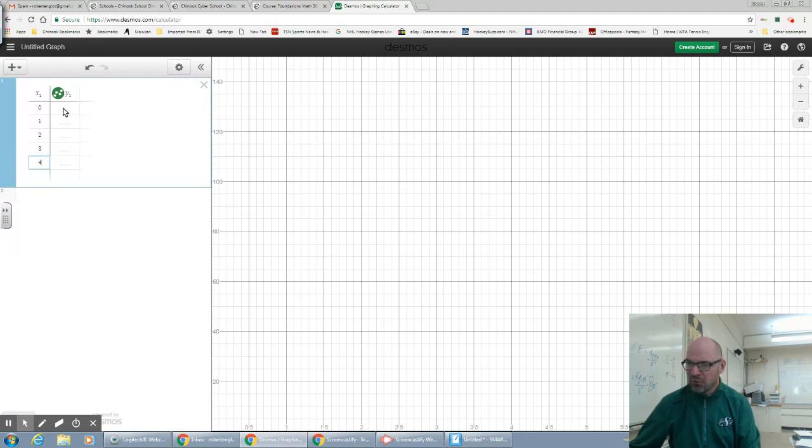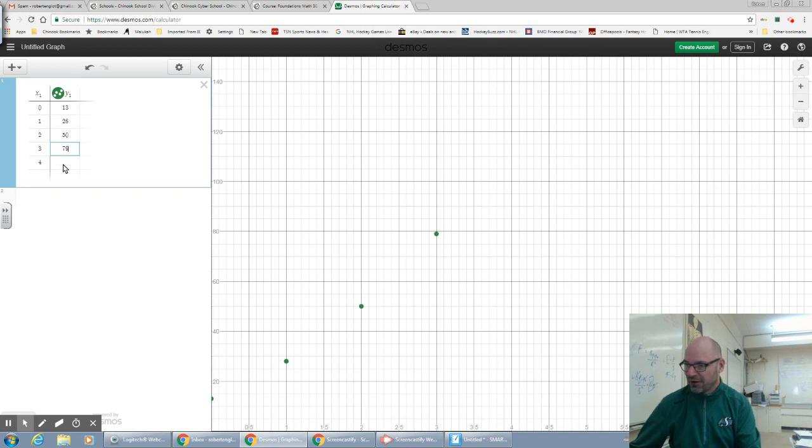Okay, and then at 0 we had 13 square meters. You can see the point right there. And then we had 28. Then we had 50.